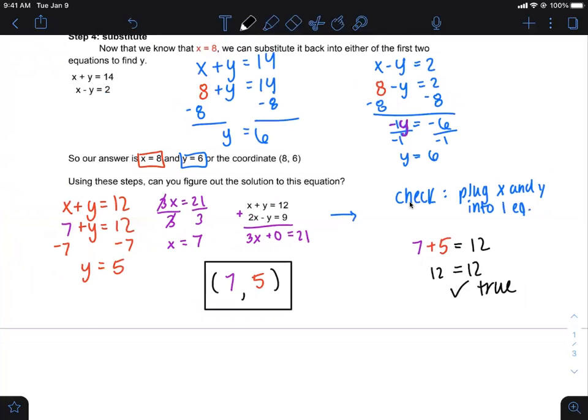Just to tie it back to the last method that we're going to use, which is graphing, which is Maggie's idea. Let's plug these two equations into our Desmos. Ariana, don't go to Desmos yet. Make sure I get these equations right.